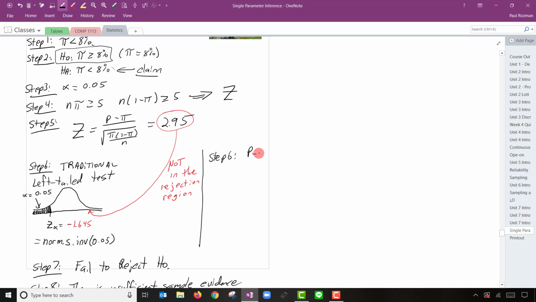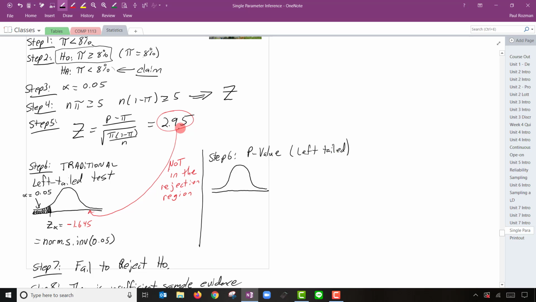I want to do step 6 again as a p-value. The p-value method, we said, is just calculating the probability of getting a result as extreme or more extreme than you observed. Well, it really depends on what kind of test it is. In this case, left-tailed. Remember, HA points the way.